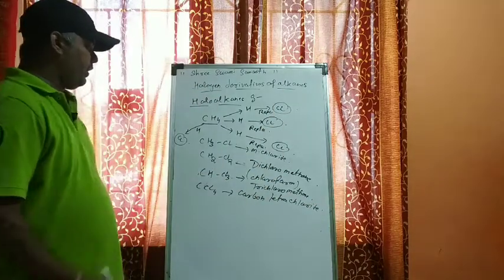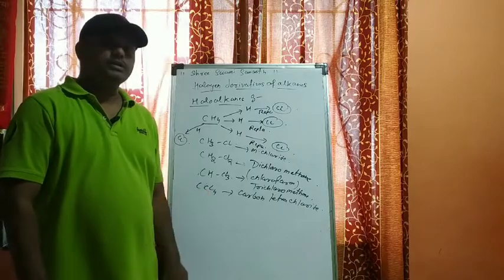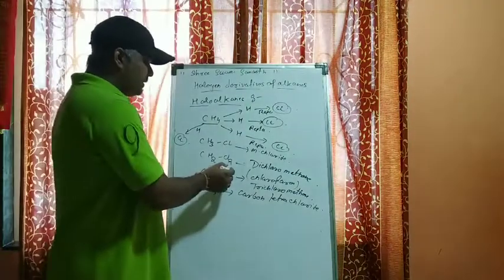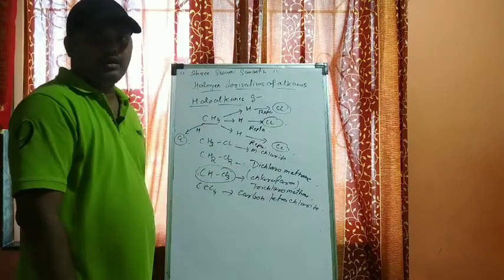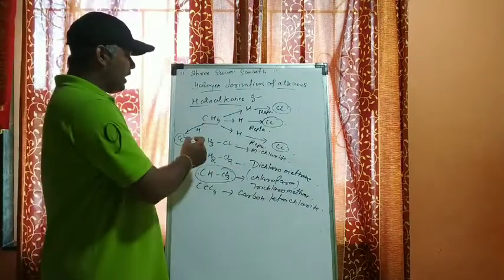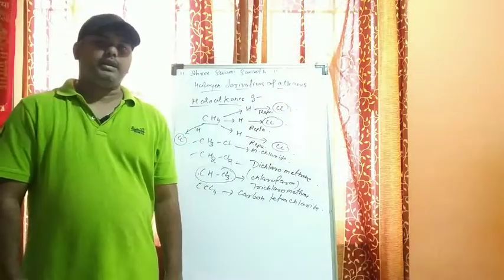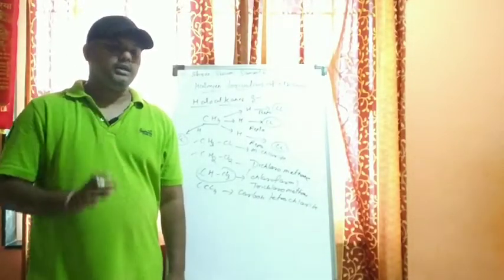Which is very, very important. This CCl4 is used as a solvent in many reactions. Then CHCl3 is chloroform. It has a wide application in the medical field. Then methyl chloride and dichloromethane are also very useful, and the reactions of these are asked many a time in the board exam.